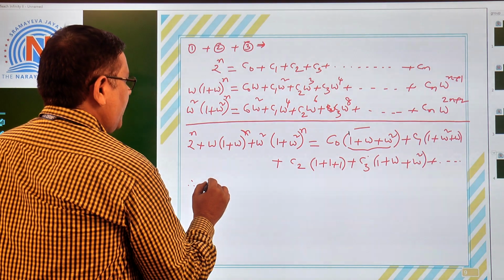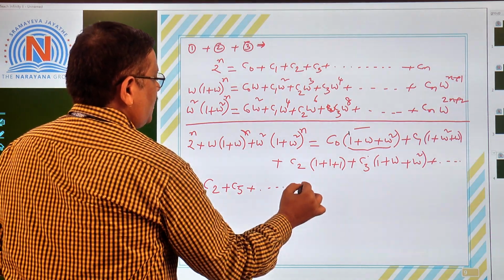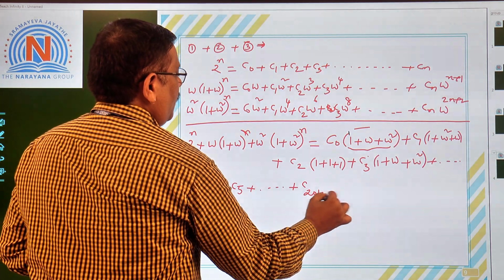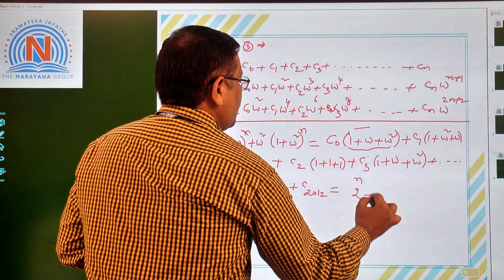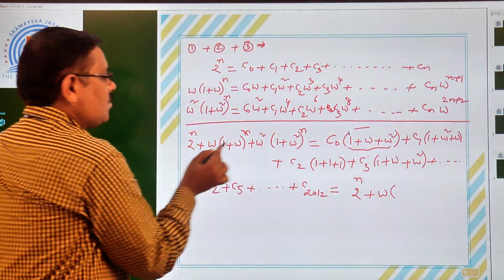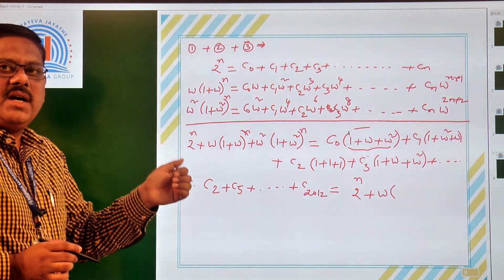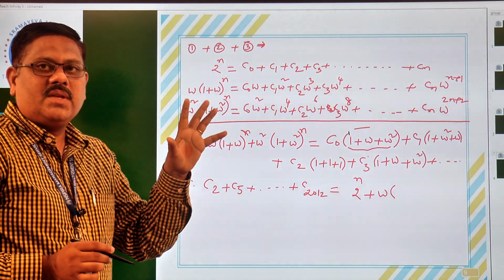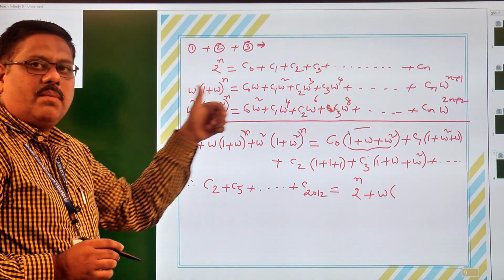Therefore, we can write C2 plus C5 plus so on plus C 2012. That is going to be 2 power n plus omega into, if you look at 1 plus omega, the value is minus omega square, because 1 plus omega square we have as 0. Sum of cube roots of unity is always 0. So 1 plus omega is equal to minus omega square.